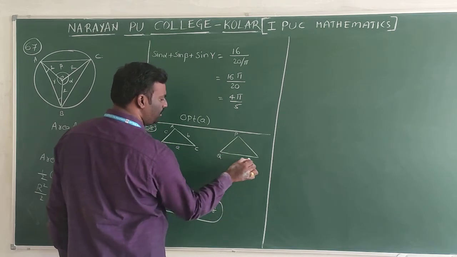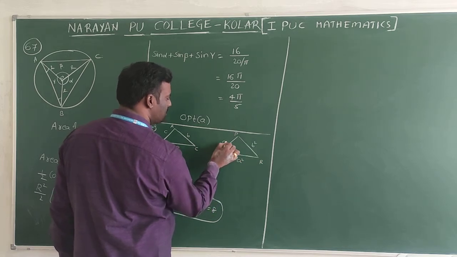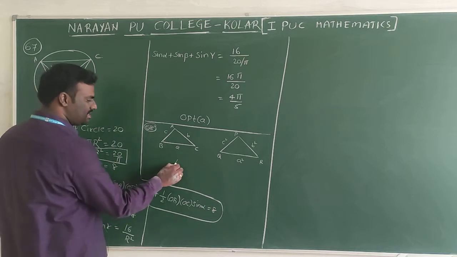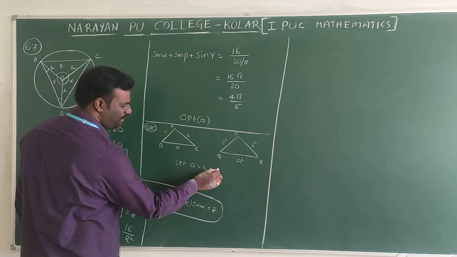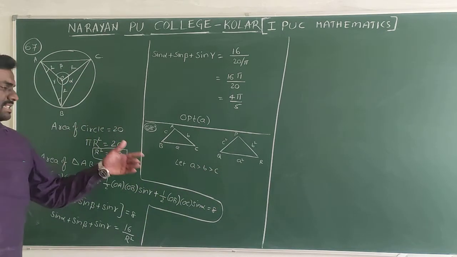P, Q, R are A square, B square, C square. If three are different, let me take A greater than B greater than C, meaning out of three, A is the highest, next is B, next is C.